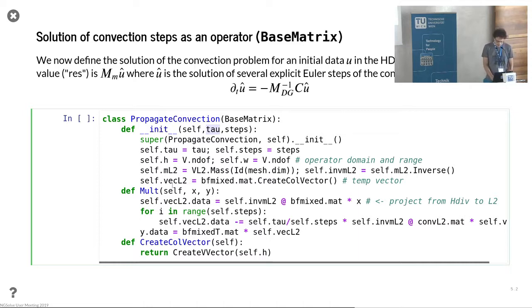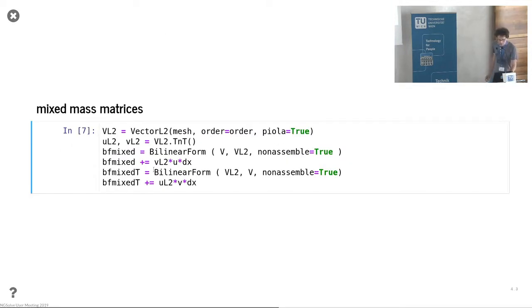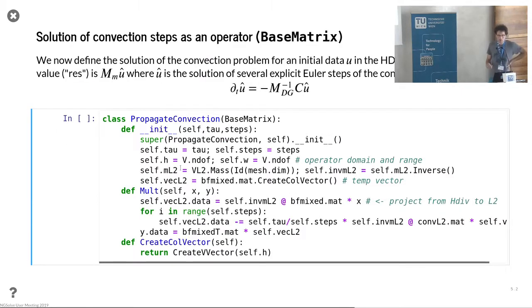And then in the actual operation, and this is what was important, the input of this is from this product space, from the Stokes discretization, a vector X. The BF mixed matrix is now the application of the operator from the previous slide. So here we define this mixed bilinear form. The result of this application is a functional in the vector L2 space.